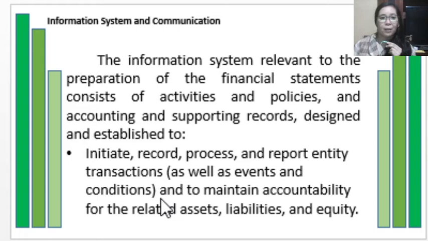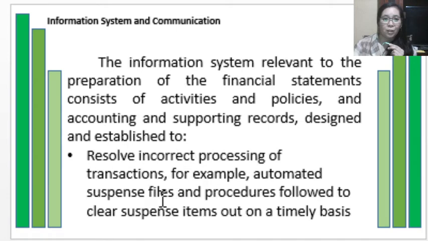The IS relevant to the preparation of FS consists of activities, policies, and accounting and supporting records designed to initiate, record, process, and report entity transactions. This is the main purpose of accounting, the recording of business transactions, and to maintain accountability for the related assets, liabilities, and equity. This is how IS is relevant in the preparation of our financial statements.